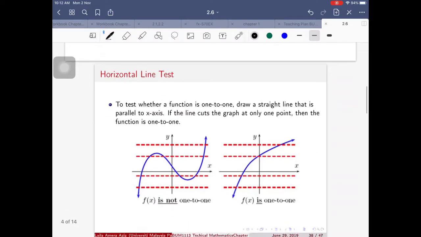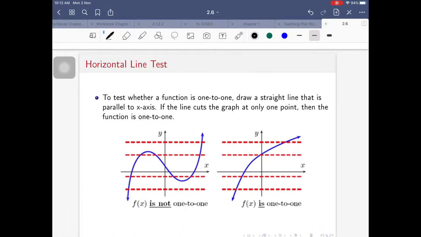And how do we identify, if you are given a graph, whether the function has an inverse or not? That can be done through the horizontal line test. The horizontal line test gives you an idea whether the inverse exists. We have actually come across the other line test, the vertical line test.